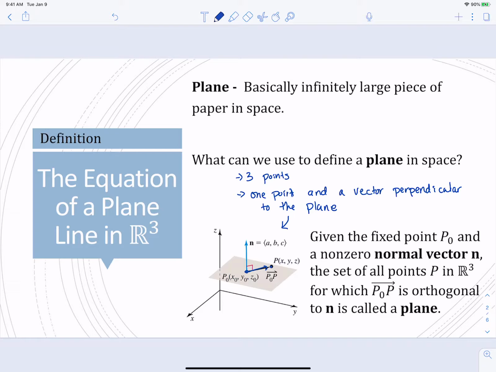So it's basically all the points surrounding p sub 0 where we can make a vector and stay perpendicular to that normal vector.